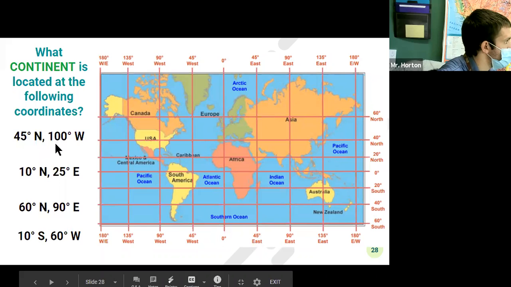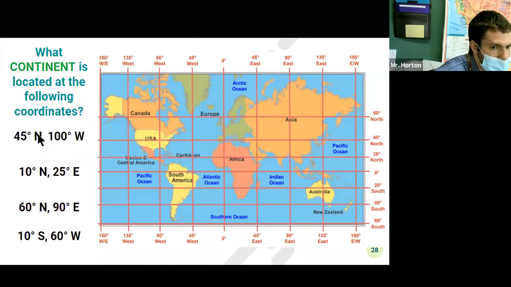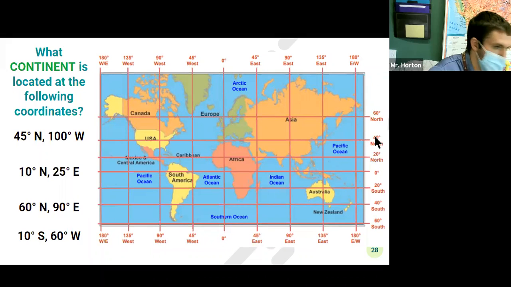But let's take a look at number 1. It says 45 degrees north and 100 degrees west longitude. First we have to find where 45 degrees north is. On our latitude lines, 45 is going to be in between 40 and 60, a little above that 40 degrees.